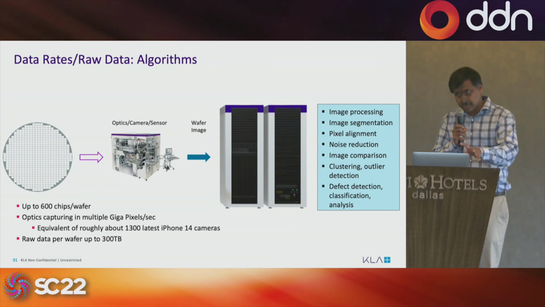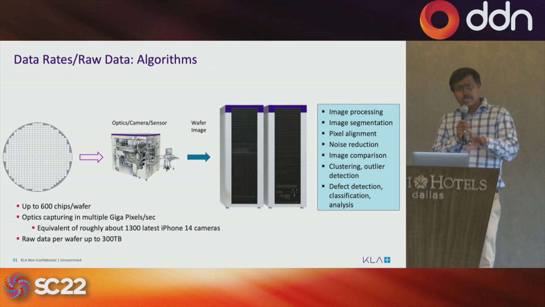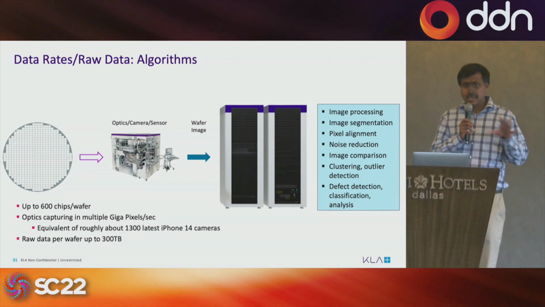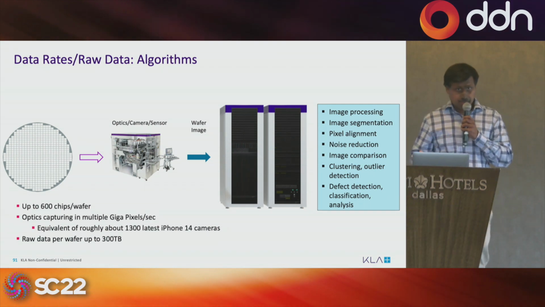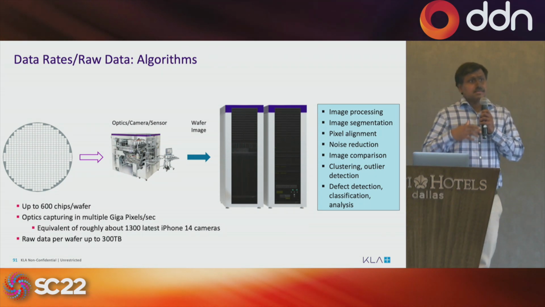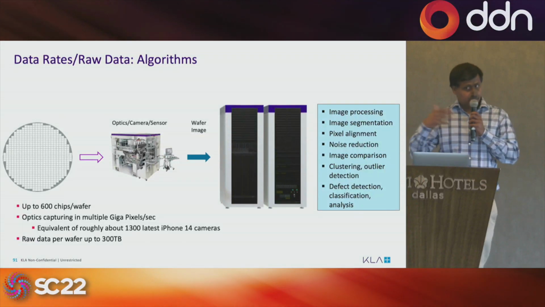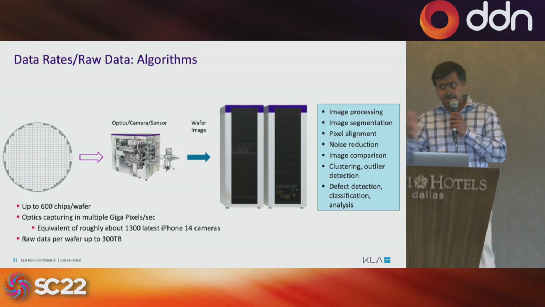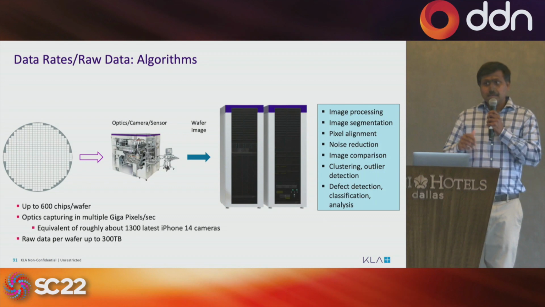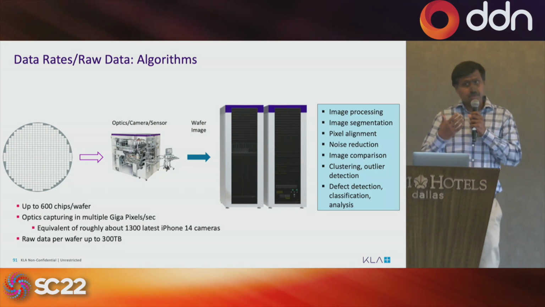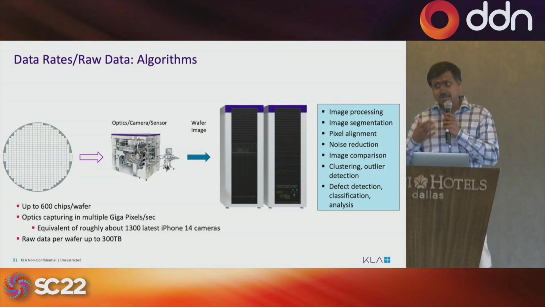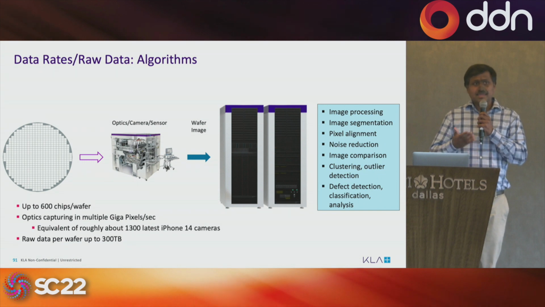So each wafer, as I said, our goal is to process within an hour, and can add up to 300 terabytes of data. Data rate is not heavy compared to many other numbers we have seen in these slides, but data volume is humongous. It's really, really high.